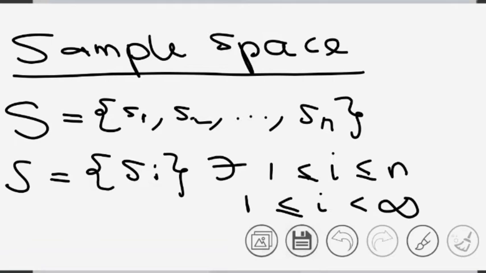When we try to look at the set of possible outcomes of an event, this is what we're likely to come about. Before we go on, I feel a need to take one or two examples about sample space. For instance, tossing a coin.